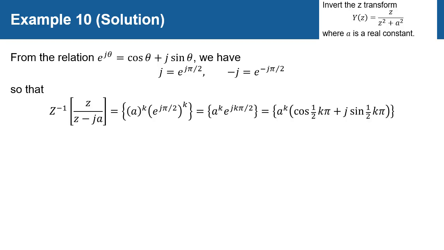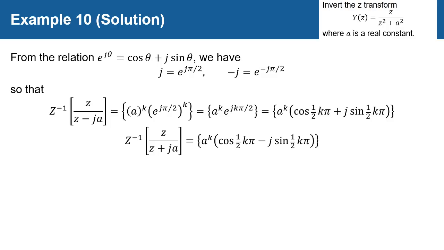That is now equal to a^k times e^(jkπ/2). And using the definition, we have a^k times (cos(kπ/2) + j sin(kπ/2)). And then the inverse z transform of z over (z + ja) is equal to a^k times (cos(kπ/2) - j sin(kπ/2)).